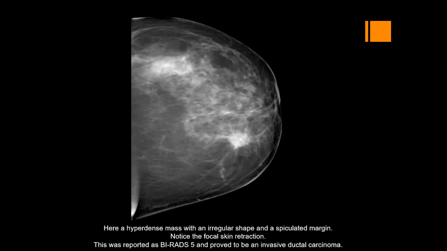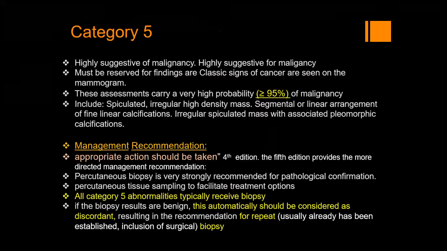This is the only descriptor with positive predictive value equivalent to BI-RADS 5: spiculated margins of a mass. Category 5 is highly suggestive of malignancy, classic signs of cancer. Probability of cancer is 95% or more.